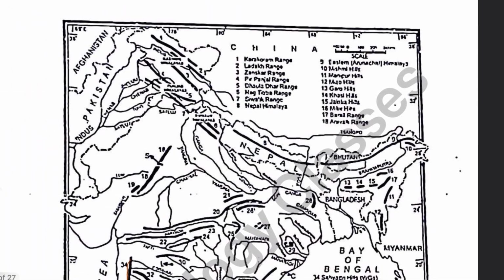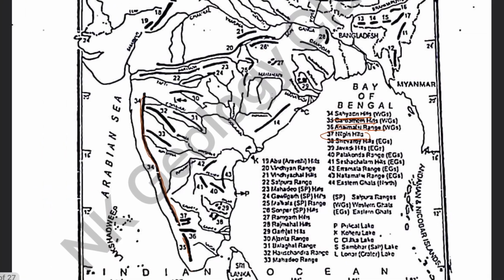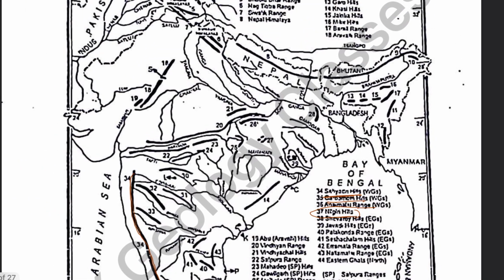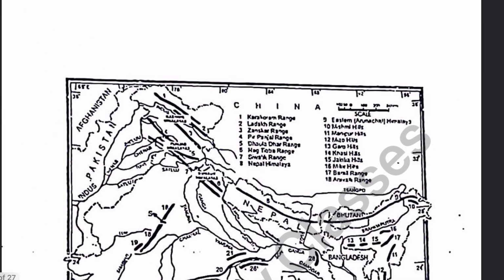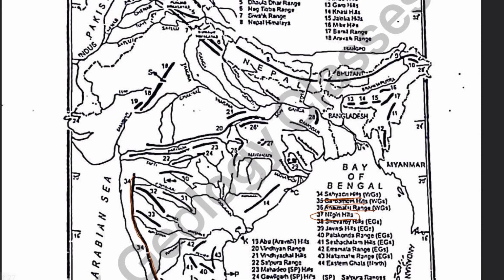So all the mountains, they have been displayed by this map. The mountains of the Himalayas, the mountains of the Aravallis, Eastern Ghats, Western Ghats, the Vindhyan mountains, the Satpura mountains.